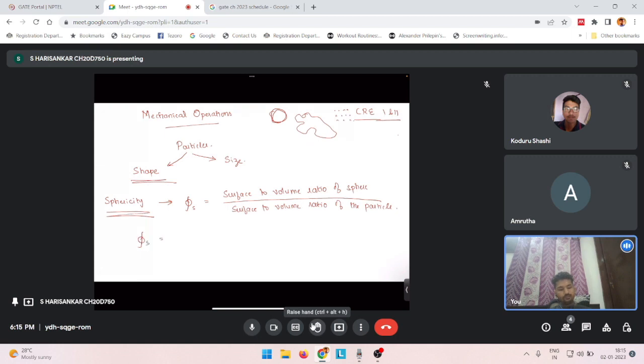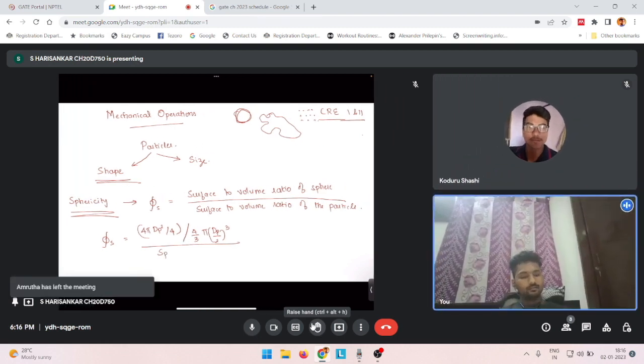So phi s, surface to volume ratio of sphere will be what? Surface area of sphere, that is 4 pi r square or 4 pi dp square by 4, divided by volume, that is 4 by 3 pi dp by 2 the whole cube, by the surface to volume ratio of the particle. Let's say Sp is the surface area of the particle by Vp, where Vp is the volume of the particle.